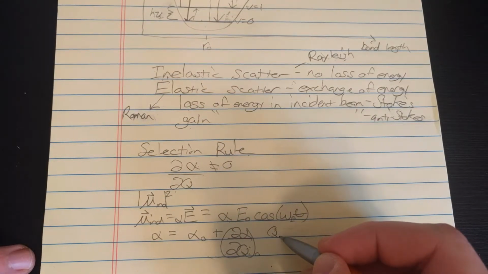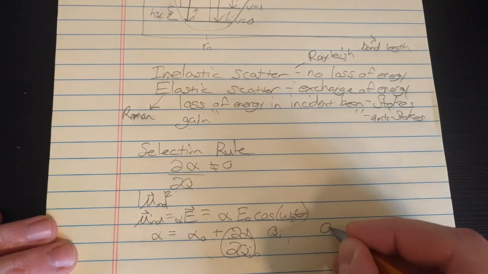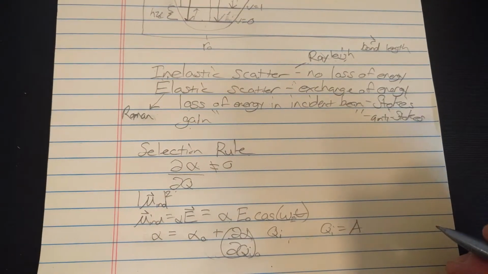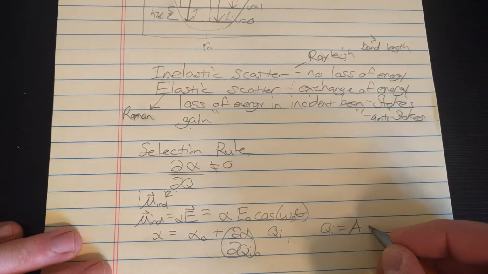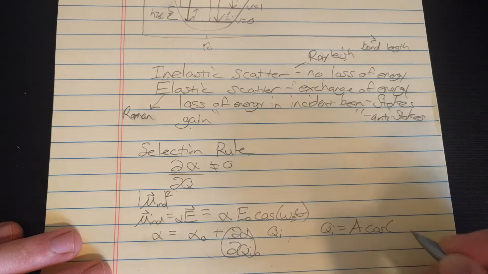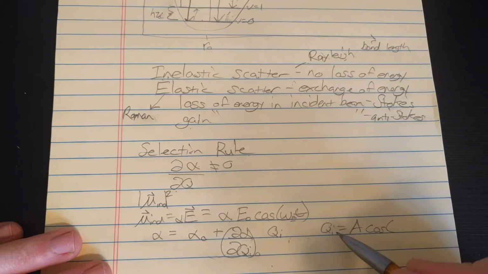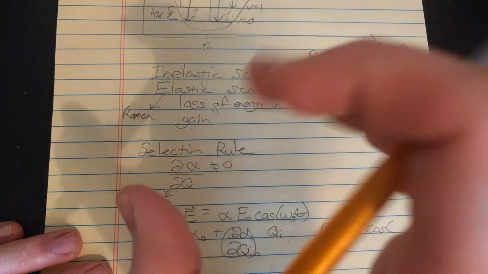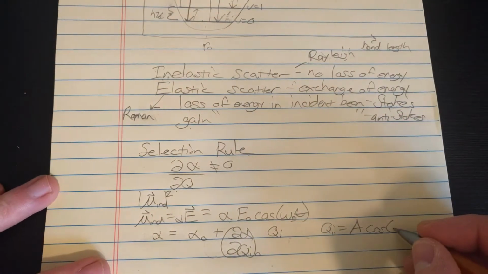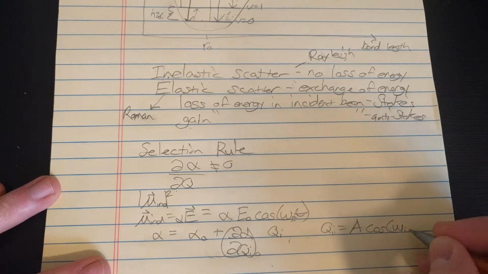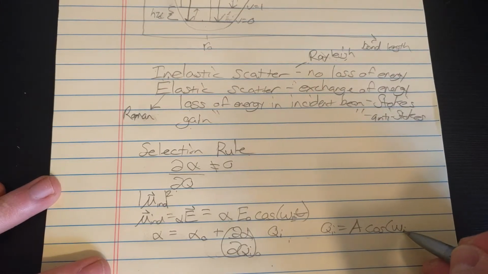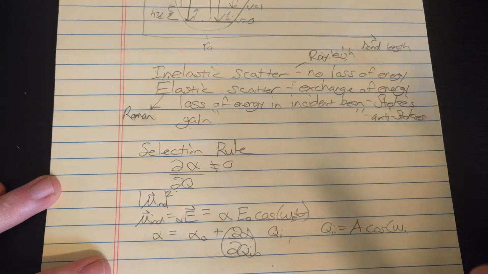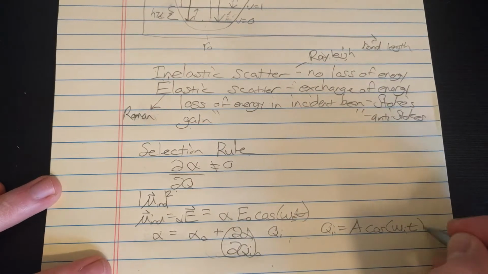You can write the ith normal coordinate as q i equals some amplitude times a cosine. This is the value of the ith normal coordinate. It's just going to vibrate, there's going to be an ith vibration, and we'll call it omega i. So the ith vibration changes with the frequency omega i.